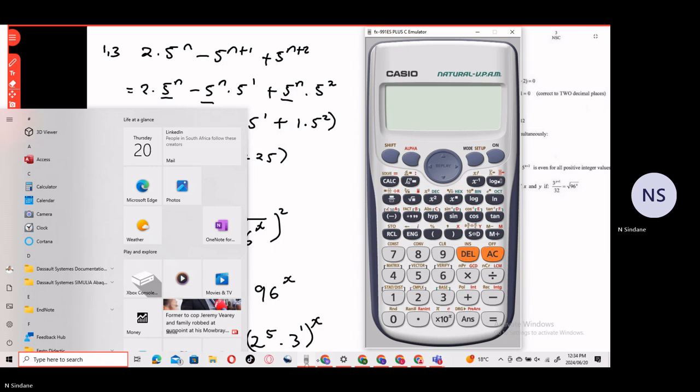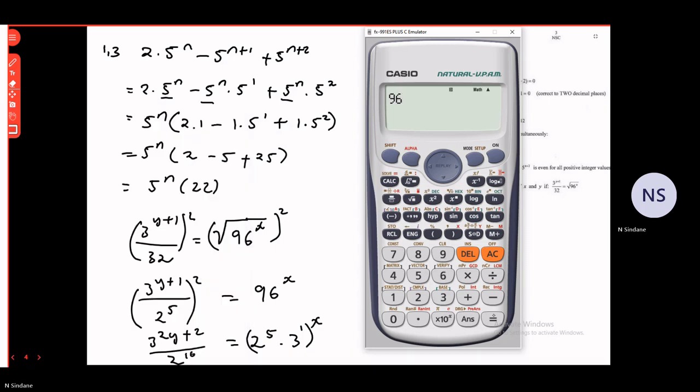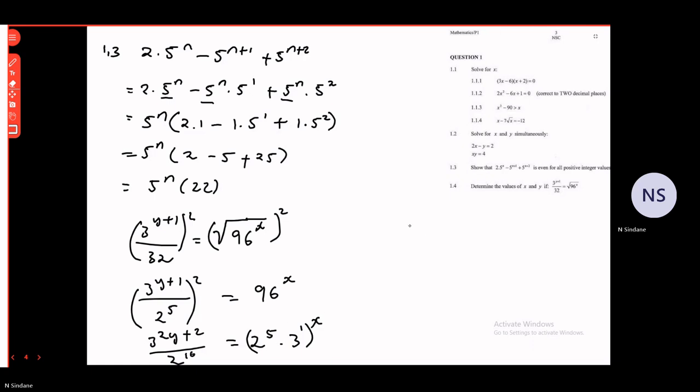Then let's check it. If I say 96 is equal to 2 to the power 5, 3 to the power 1, then x, right? And then now I can say 3 to the power 2y plus 2. Take this to negative exponents, which will be 2 to the power negative 10.